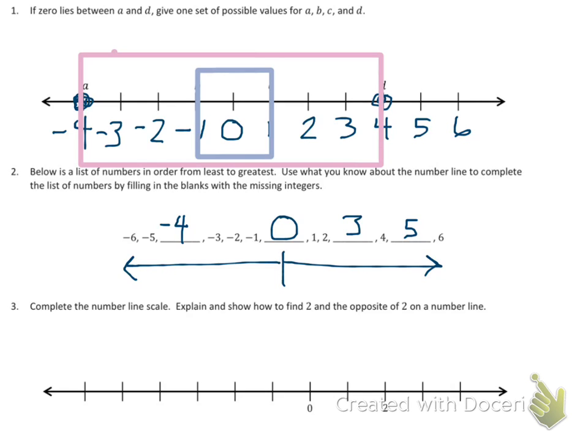And again, 0 is neither positive nor negative. It's the boundary between positives and negatives. Okay, I want to point out, numbers get smaller the farther left you go, whether they're positive or negative. That's always going to be the case. And notice, -6 is a bigger digit.